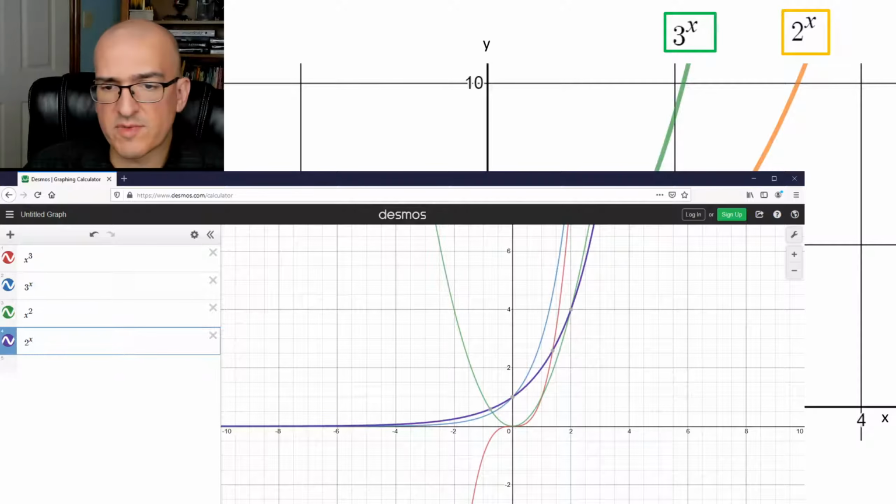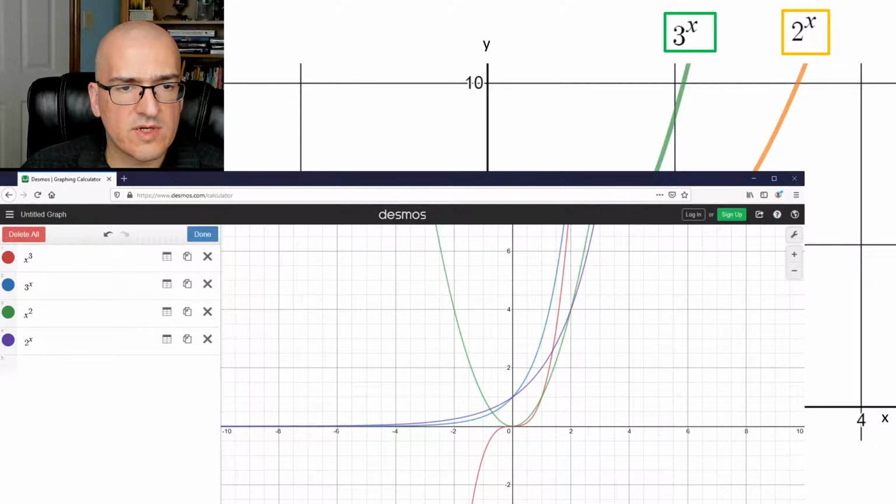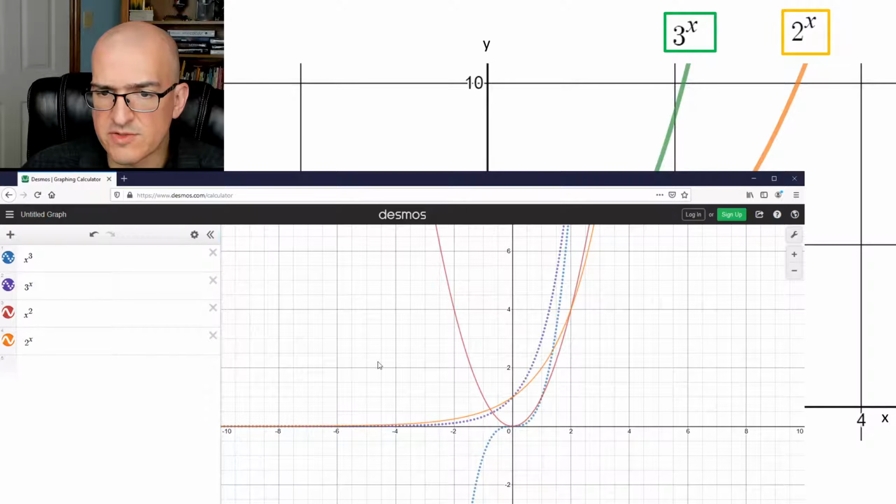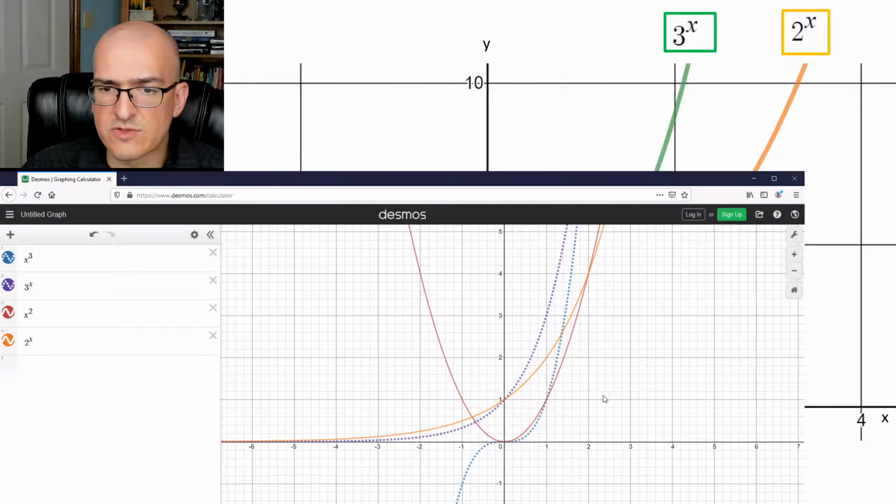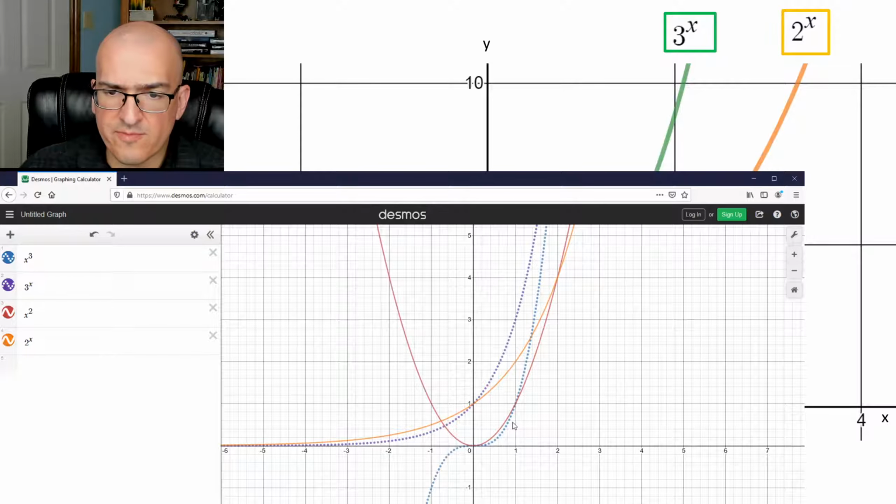Okay, now it's a bit of a mess, so maybe what I'll do is make these ones. The polynomials I'll keep as dotted and blue. And this one will be dotted in purple. And the other two I'll make red full line and orange full line, so it's a little bit easier to distinguish. Okay, so zooming in, I did something wrong.